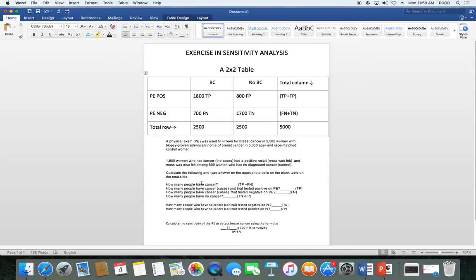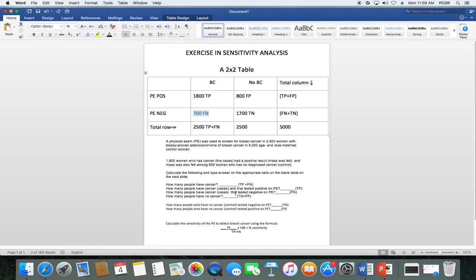So how many people have cancer? Remember, this is your true positive plus false negative. Just place the answer right there. How many people have cancer and tested positive on your physical exam? These people. How many people have cancer that tested negative on the physical exam?